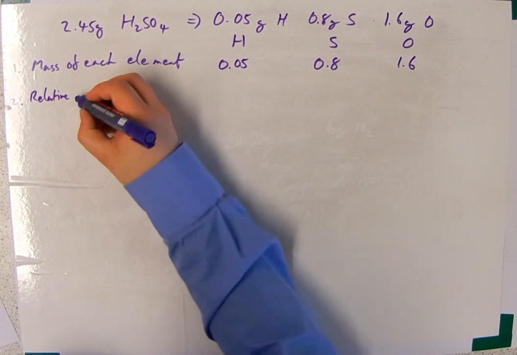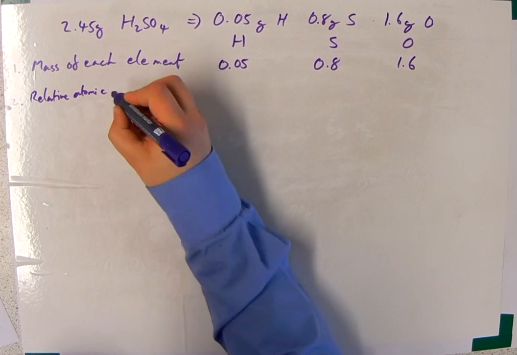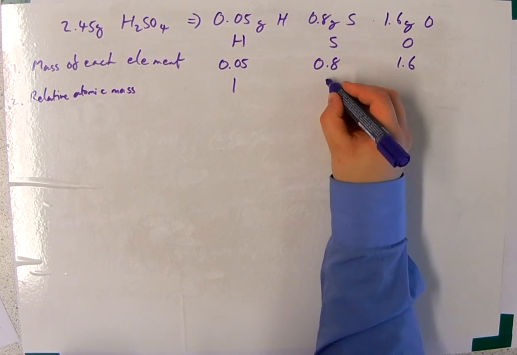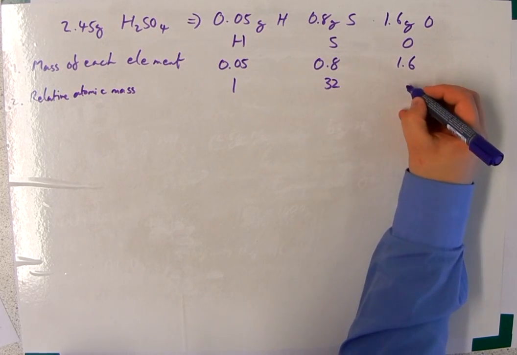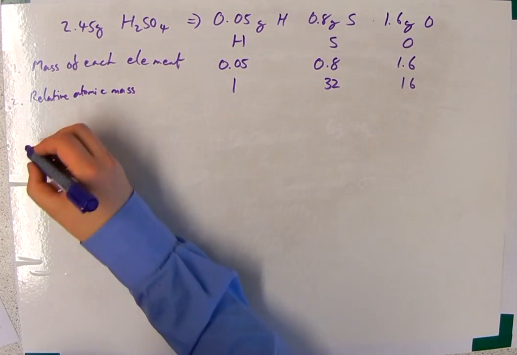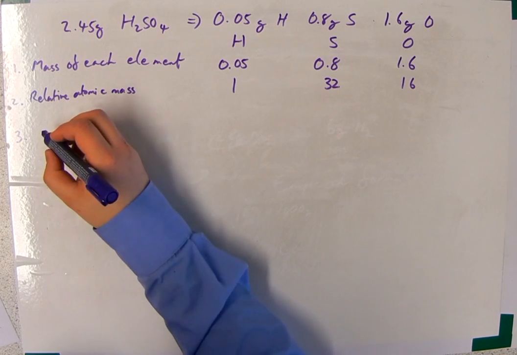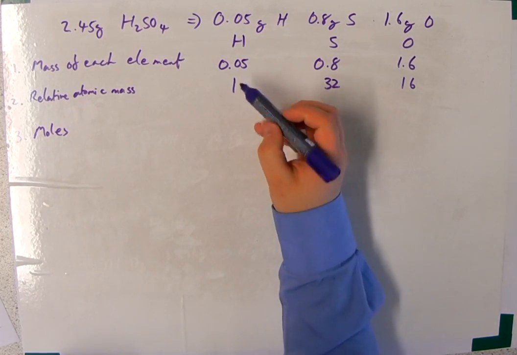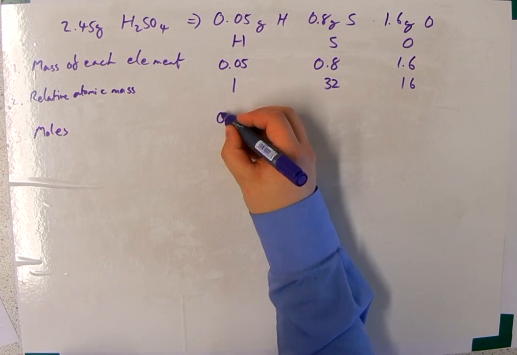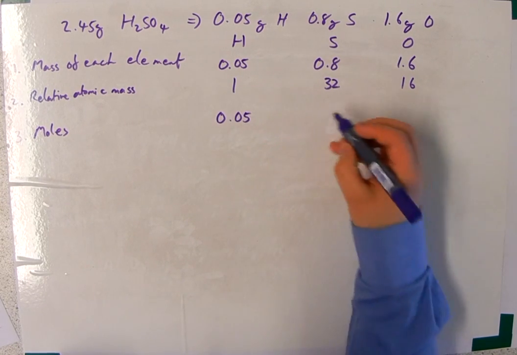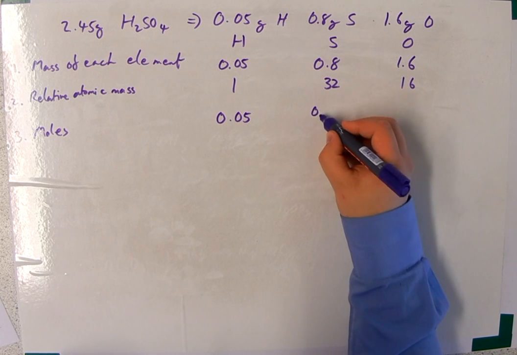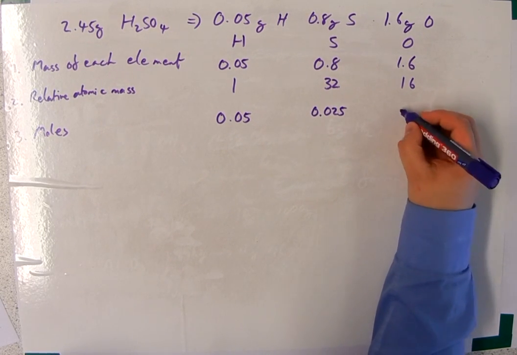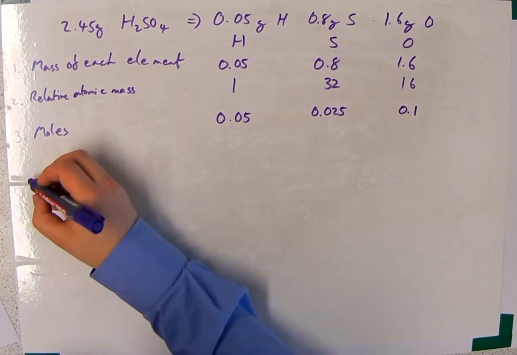Relative atomic mass of each element. So that's 1, 32, and 16. Step 3. Work out our moles. Remember, moles is mass divided by Mr, so 0.05, 0.025, and 0.1.